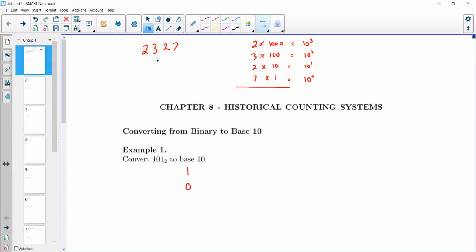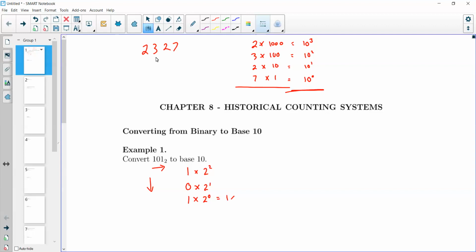1, 0, 1. We go from left to right, top to bottom. Now this here is times 2 to the 0 power, and this is times 2 to the first power, and this is times 2 to the second power, just like we did here.